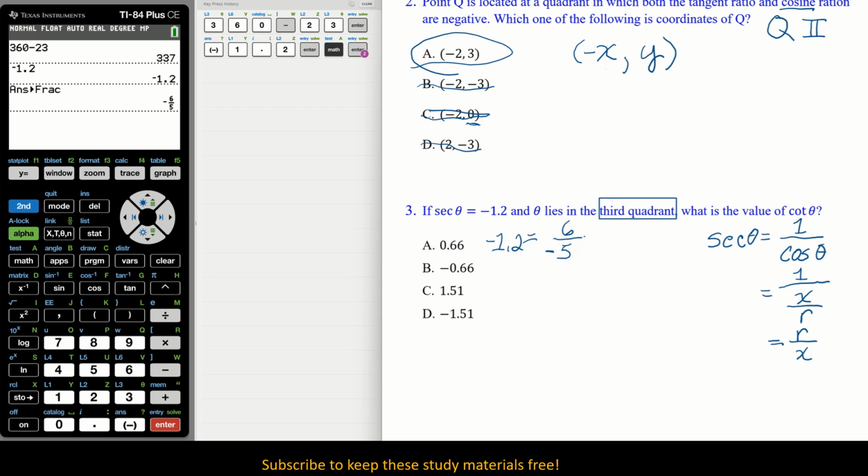So 6 is the radius, and 5 would be that x value. Now let's draw our quadrant really quick right here. We're talking quadrant 3. So this is really what we have, the -5 and the 6.